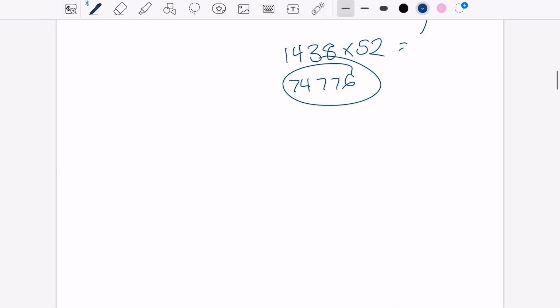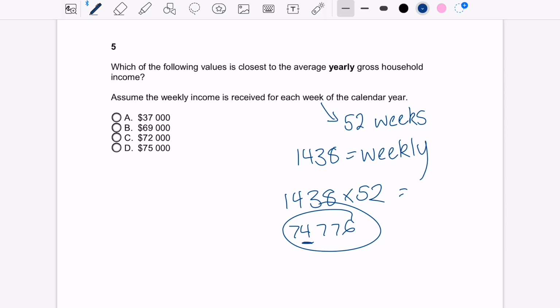Now it says which one's closest to the nearest 1,000. There's my thousands place value. I look to the one next to it. If it's 5 or bigger, it pushes my thousands up. So this is 5 or bigger, this is 7. So it's going to push my thousands up by 1. So I'm going to get 75,000.